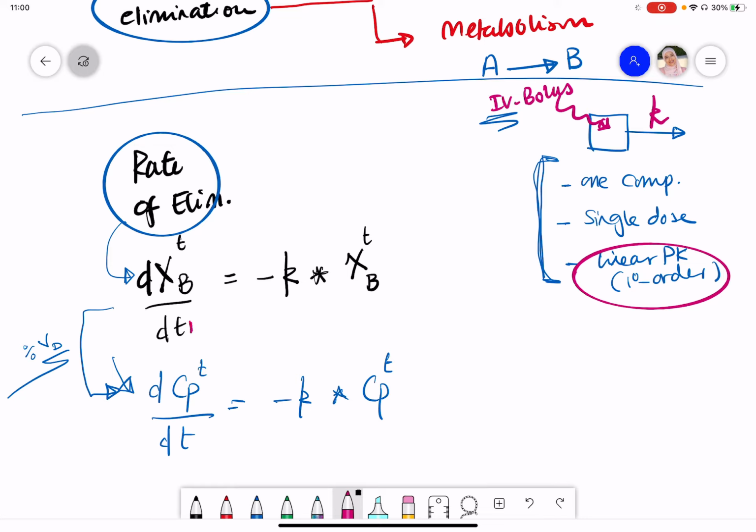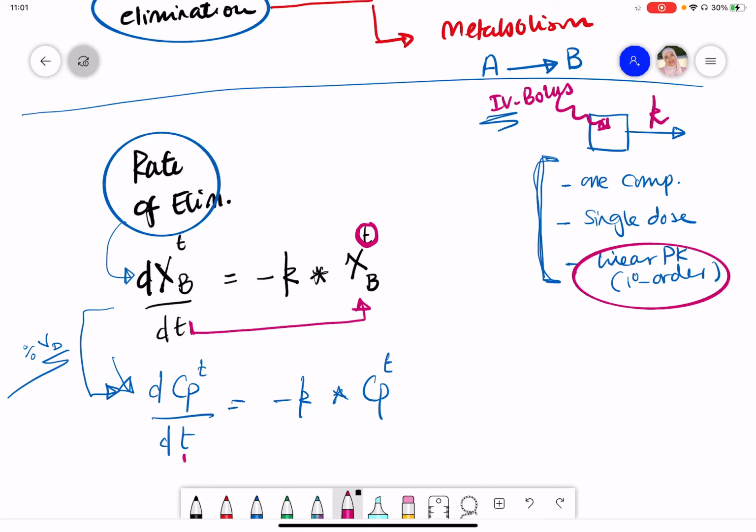But the rate of elimination here, as we mentioned earlier, is directly proportional to the amount of the drug that is available in the body, or remaining in the body, at time t.